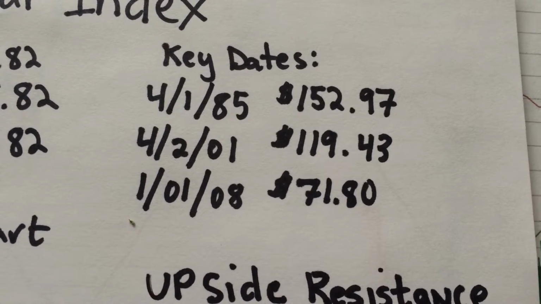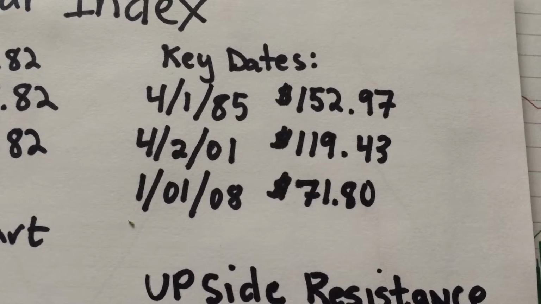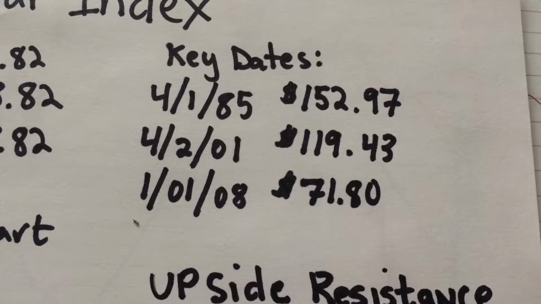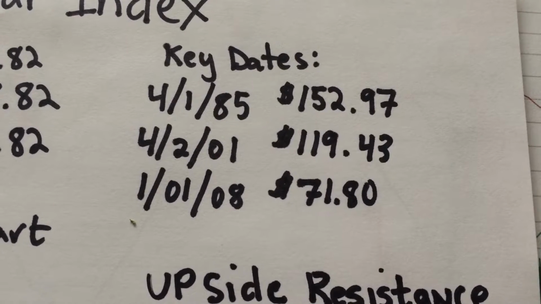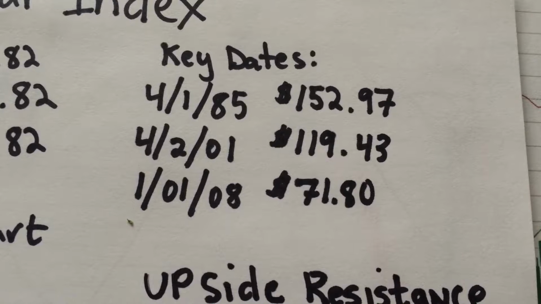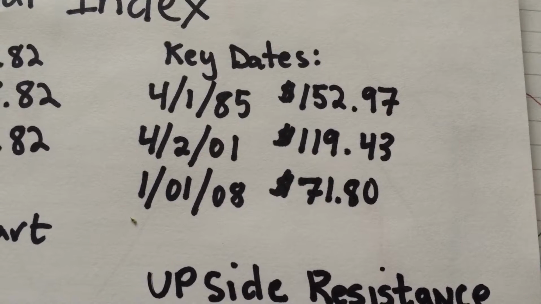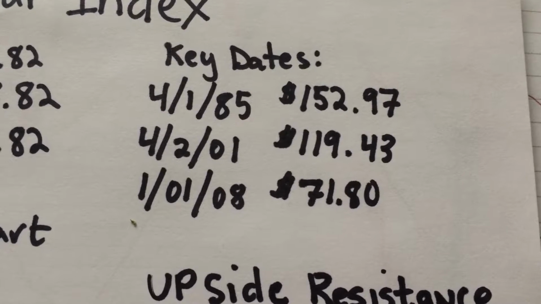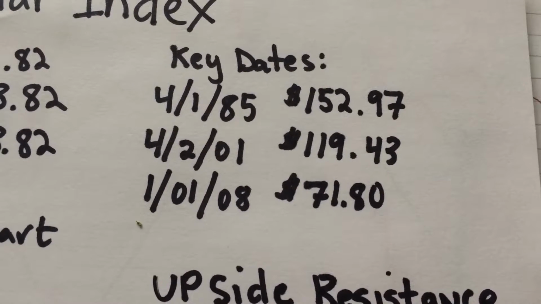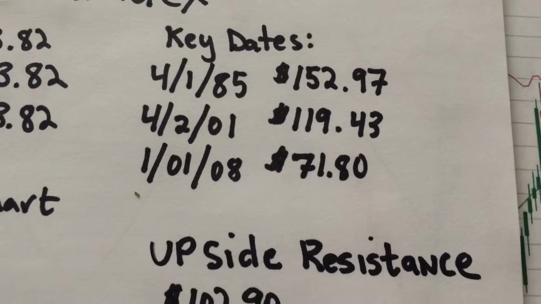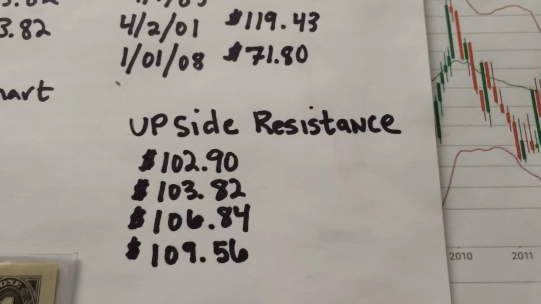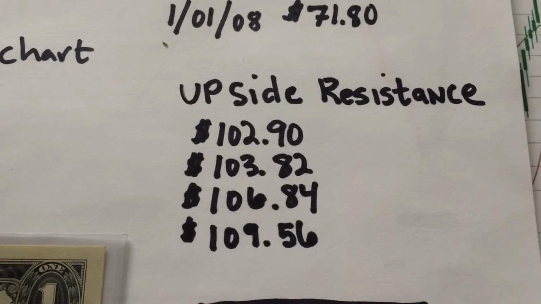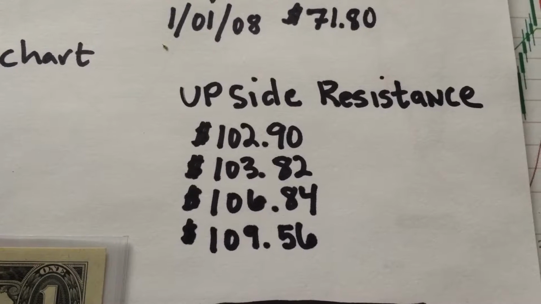Then in the 90s, it traded back down into the 90s and then heated up from 2001 to about 2005, up to 119.43. Then it traded all the way down to 71.80 during the financial crisis. The majority of its lifespan has been under 90, so that is good to know in the future. So we're on the relative high side, but it doesn't mean it can't continue to go up.